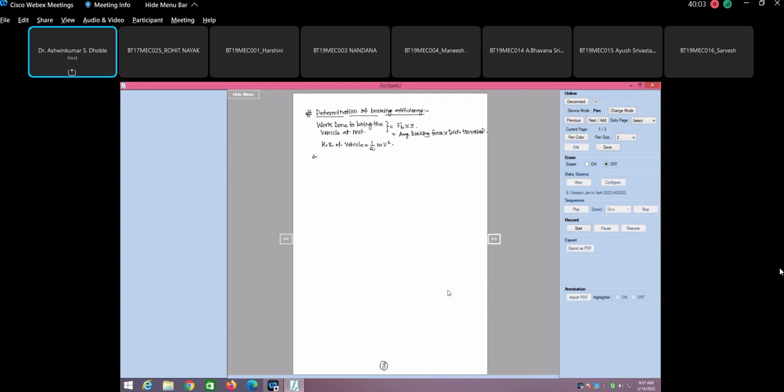So when the vehicle stops due to braking, then due to work energy principle, we can say that FB braking force into distance traveled has to be equal to half mv square. Do you agree with this or not, sir?